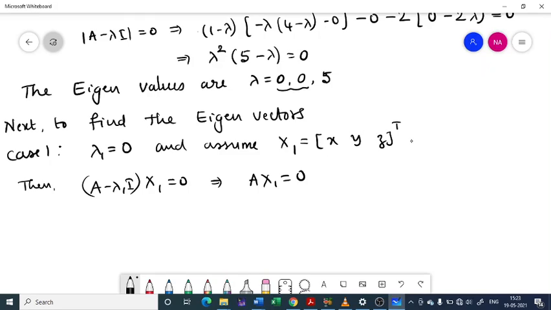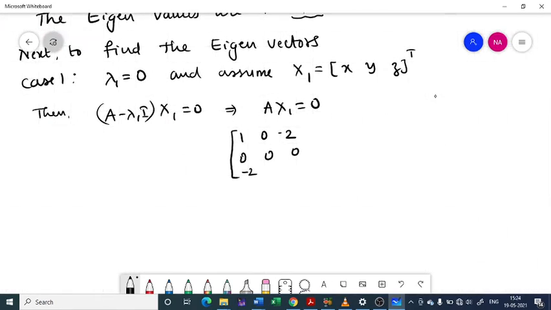So you get the same thing, 1 0 minus 2, then 0 0 0, minus 2 0 4 times X1, that is x, y, z, equal to 0 0 0.